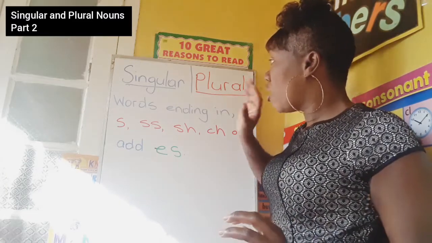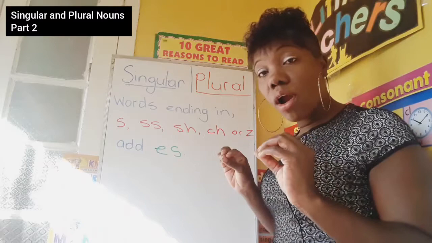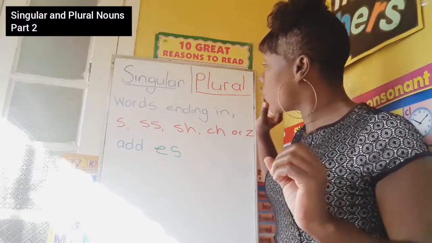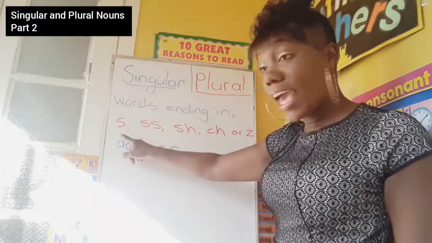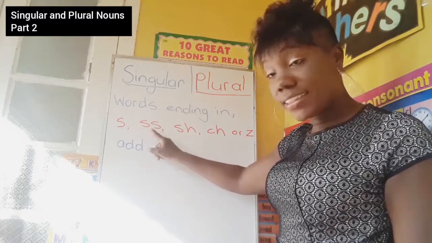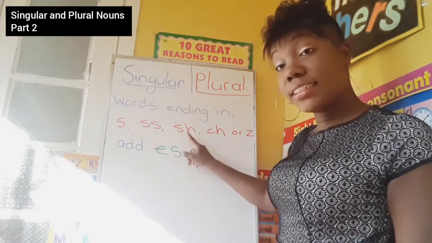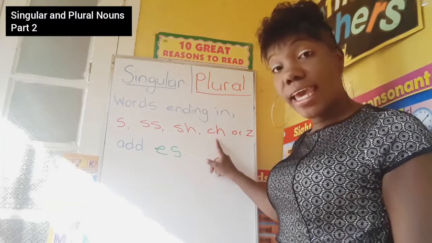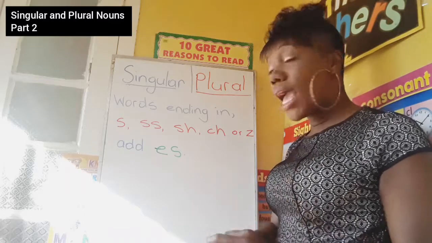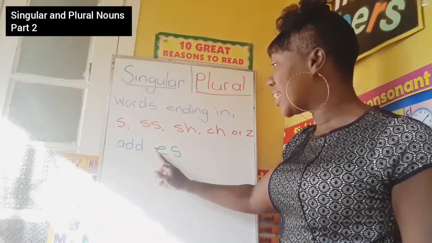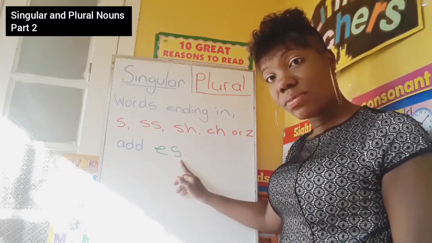Now, for some nouns or words that end in S, SS, SH, CH, or Z, to make them plural, we add ES.